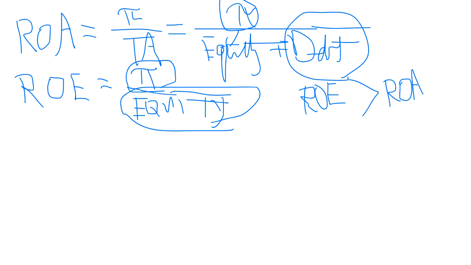You can't compare return on equity of company X with return on assets of company Y, because they're totally different companies, and you're talking about different categories. So if you compare return on equity with return on assets, that would be the comparison of these ratios of the same company, and return on equity is always bound to be greater than return on assets.